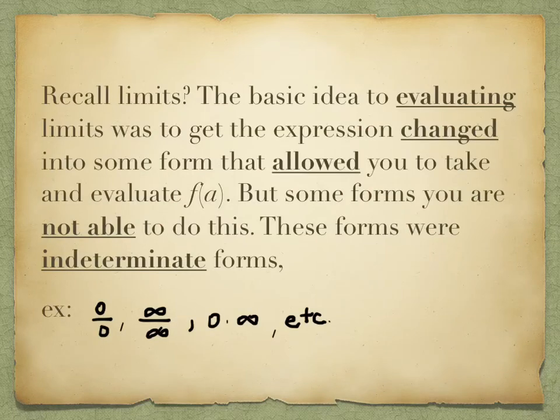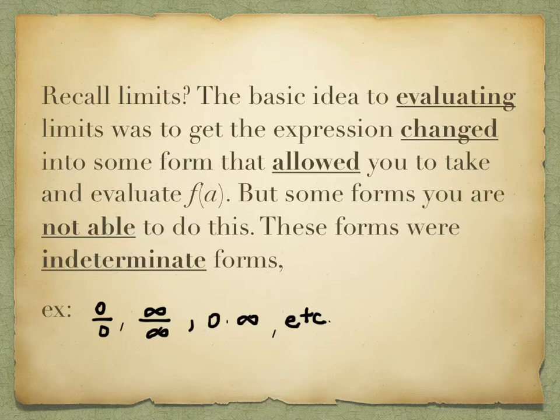All right, so here's the deal. Recall limits. The basic idea to evaluating limits was being able to change the expression in some way so that you could plug the number in. Okay, that's basically what you tried to do. Maybe you tried to use some algebra, or maybe you tried to simplify something in some way, or maybe the problem already just had the ability to be able to put the number in, and it worked okay.